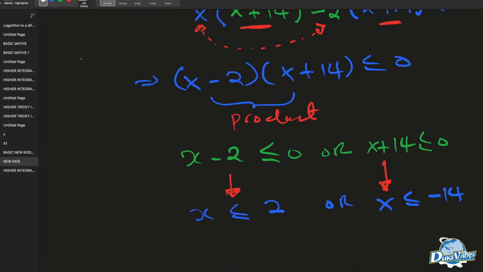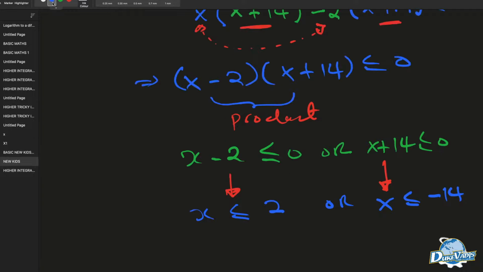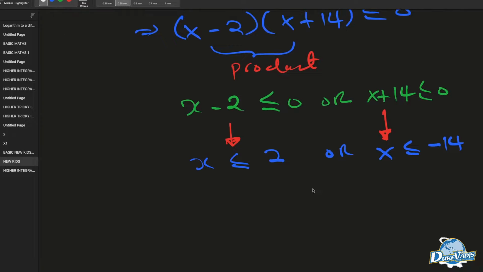So in the rough sketch of this graph, for instance, let's see. If we draw it, we have the y-axis and the x-axis.